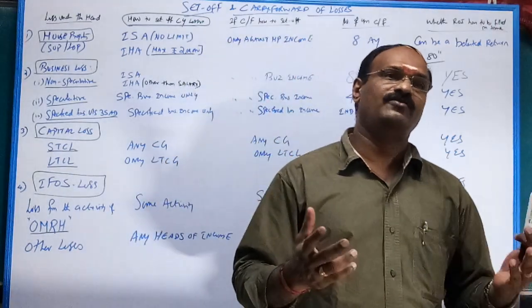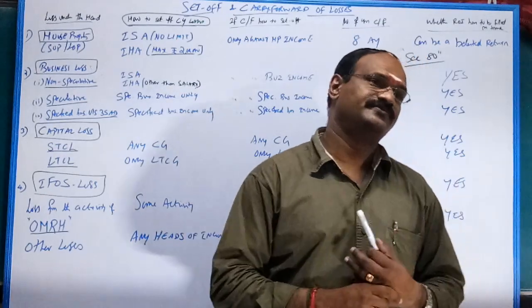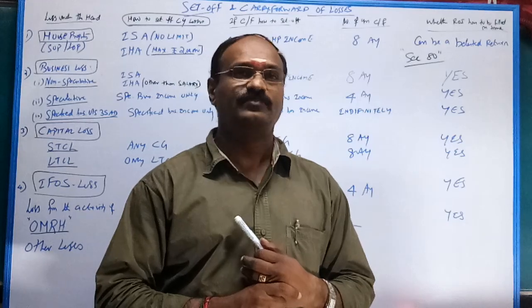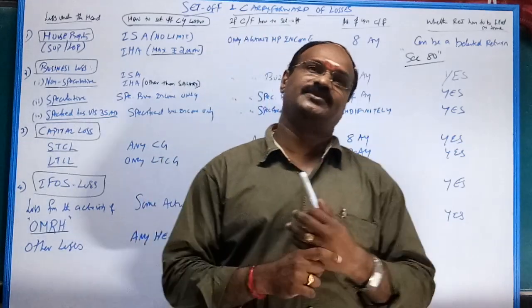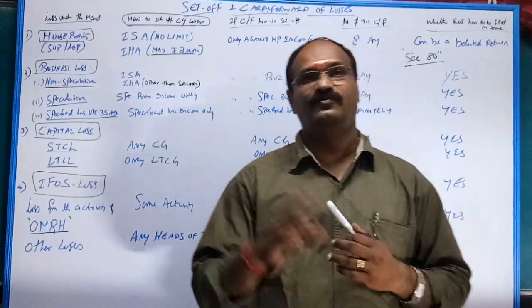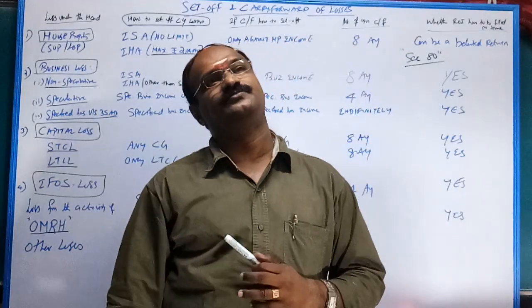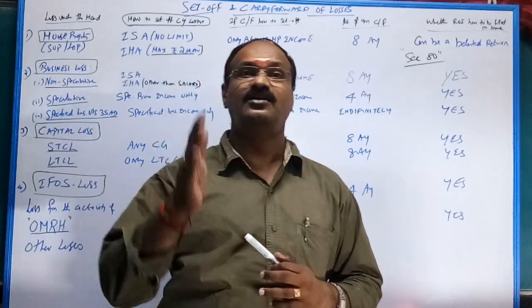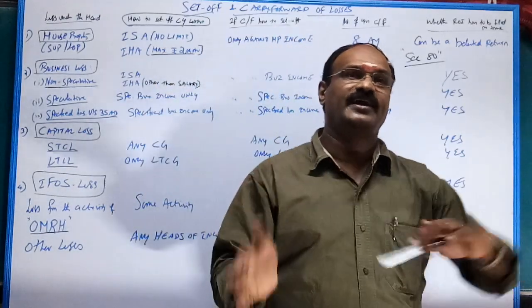The benefit of carry forward lapses. You cannot claim it. But there is an exception. What exception? Even though you filed the return after the due date, house property loss and unabsorbed depreciation loss can still be carried forward.